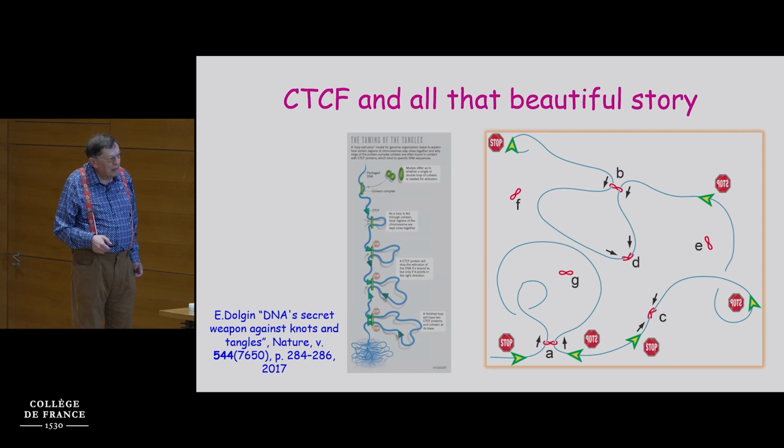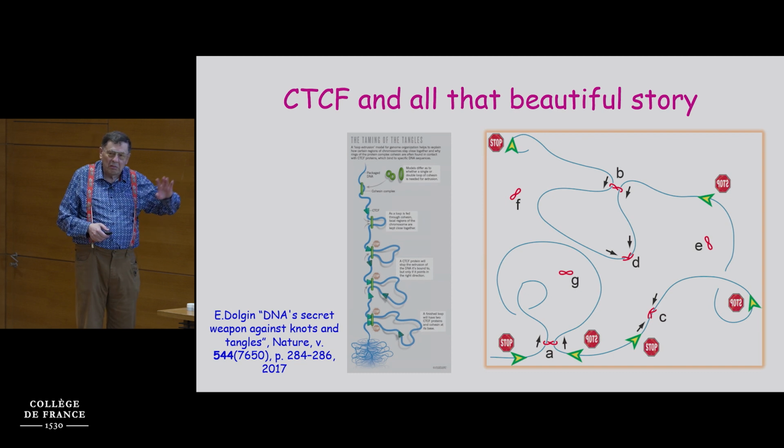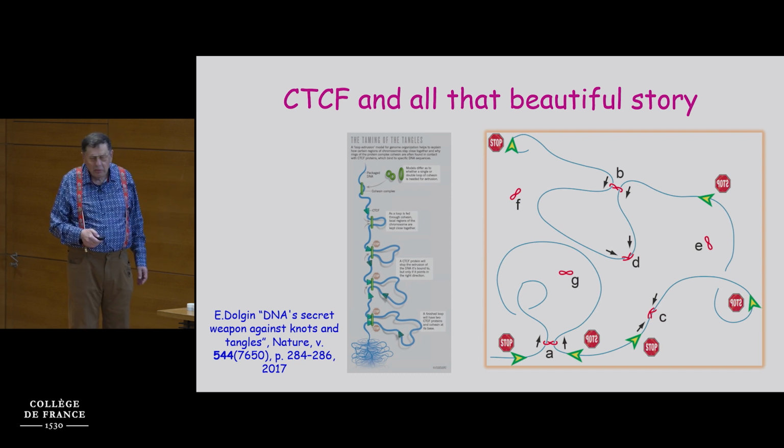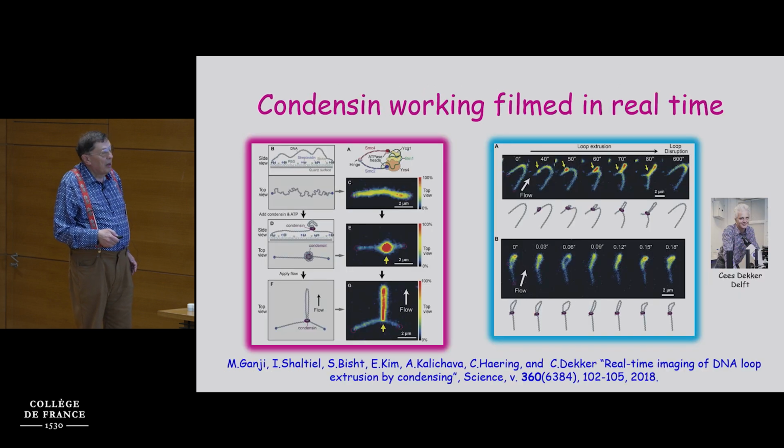But the basic idea is that there are some specific places, specific sequences which stop this active extrusion of loops, and this creates all sorts of beautiful stories, which again I will not talk about.